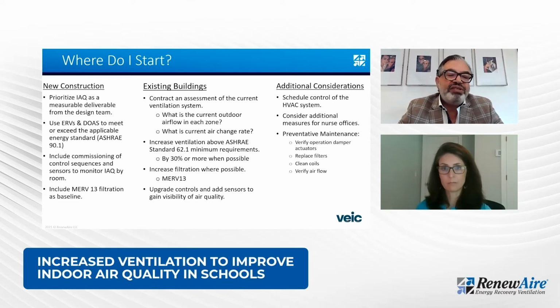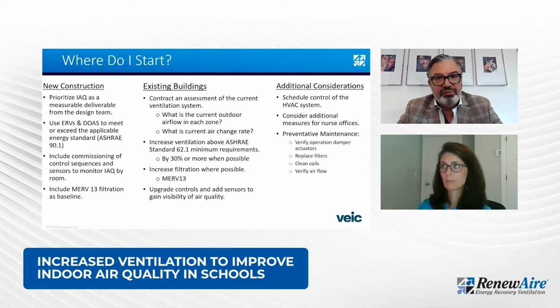And then, of course, if it's possible, whether it's new construction or an existing building, upgrade your controls and add sensors. There are a lot of sensor technologies out there that will allow you to monitor what's going on within the space, because everything we're talking about, whether it's PM 2.5, PM1 even, or gaseous contaminants, you can't see them.